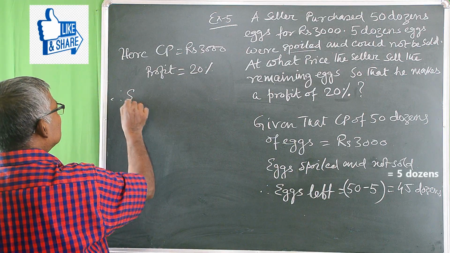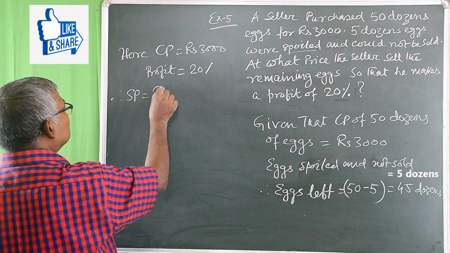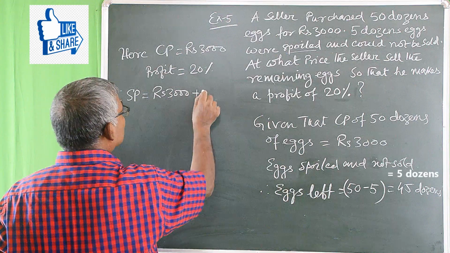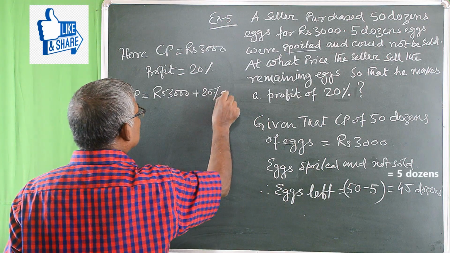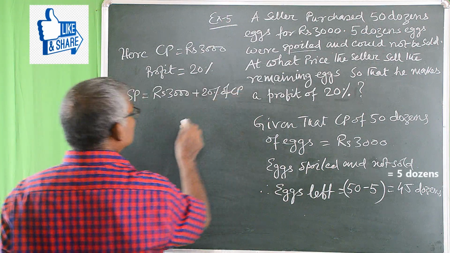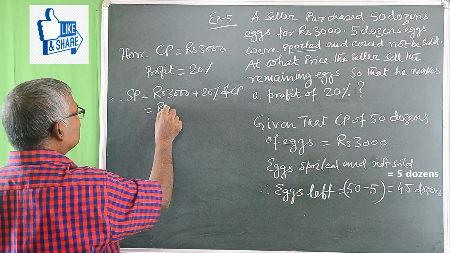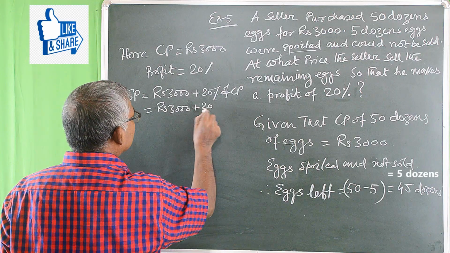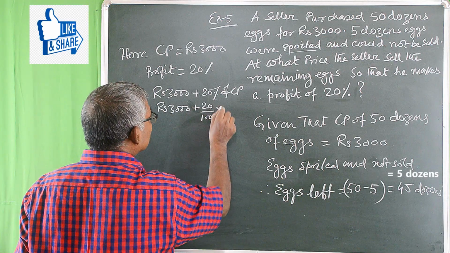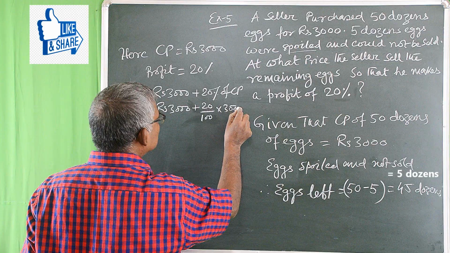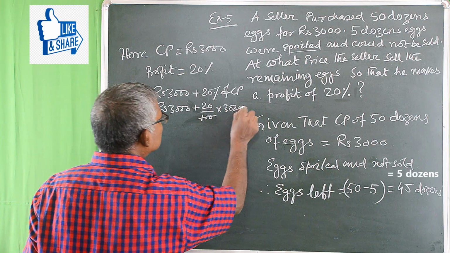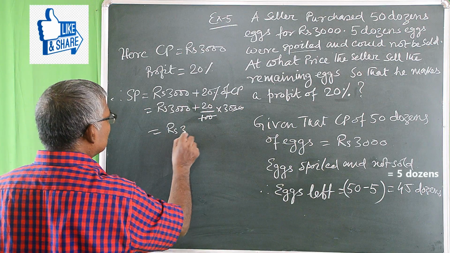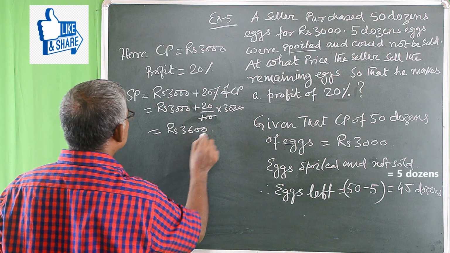Therefore, selling price equal to rupees 3000 plus 20% of CP, that is rupees 3000 plus 20 by 100 into 3000 equals to rupees 3600.